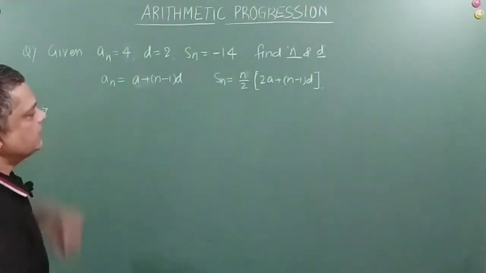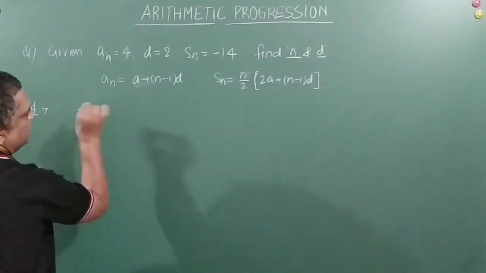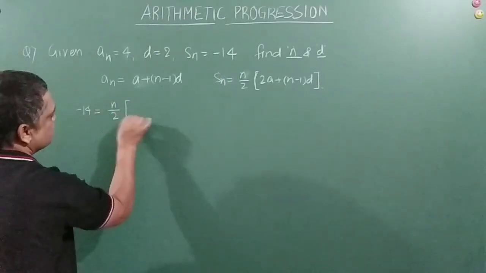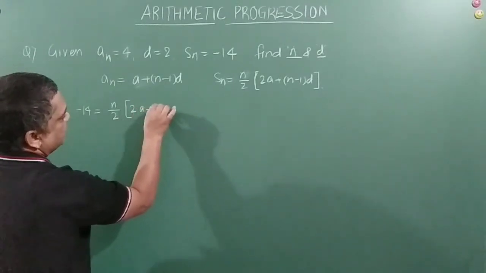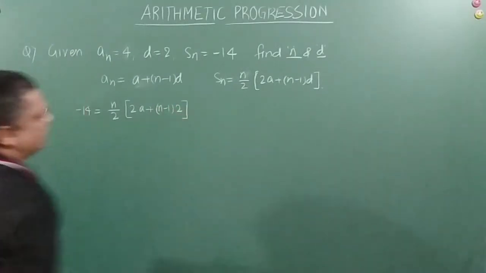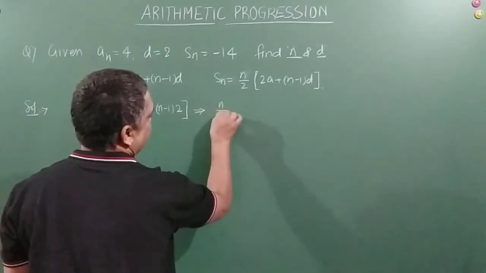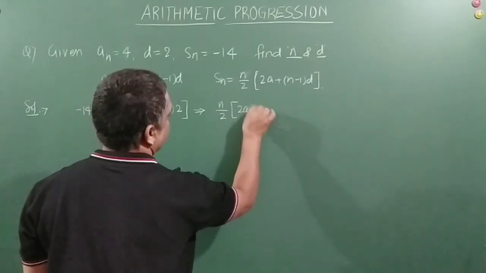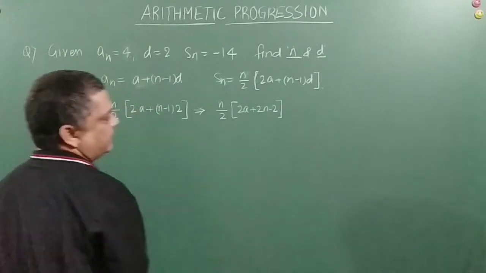So let's start. Sn is how much, my friends? -14 = n/2 [2a + (n - 1)d], and d is given to be 2. So this can also be written as n/2 (2a + 2n - 2).